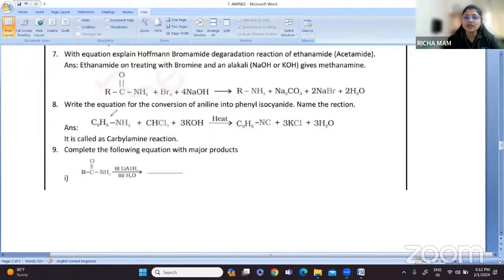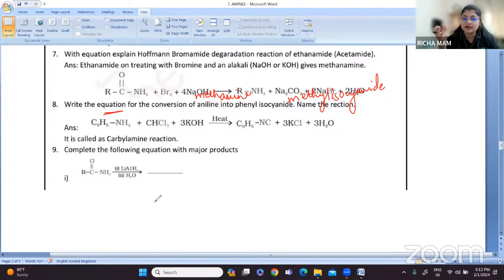Again, they may ask how methanamine is converted into methyl isocyanide. Can you tell me what my starting reactant will be? Carbylamine reaction can be asked in 3 ways. Direct question: explain carbylamine reaction with an example, where you can take any example.